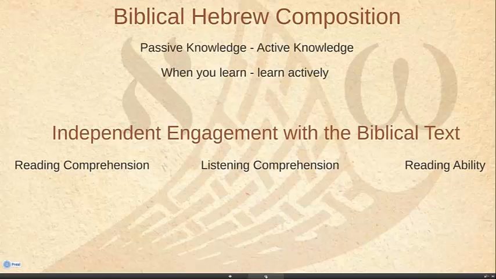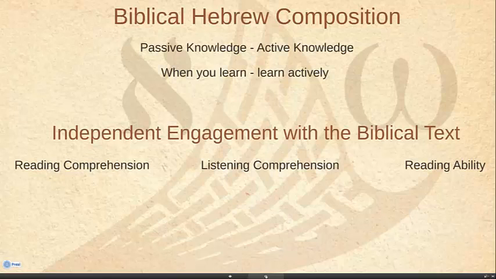What I'd encourage you to do is to spend as much time as possible working from English into Hebrew, or working with a form of a noun. For example, let's say take the noun davar, and then from memory write out the changes that occur. What happens when it's put into the plural? What happens in the construct state, etc.? And you just write out those forms as much as you can.